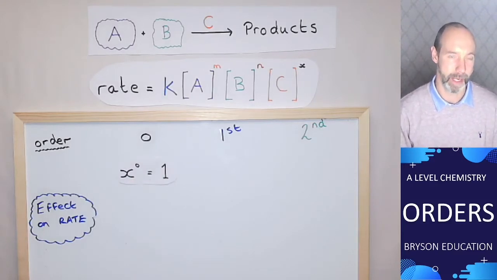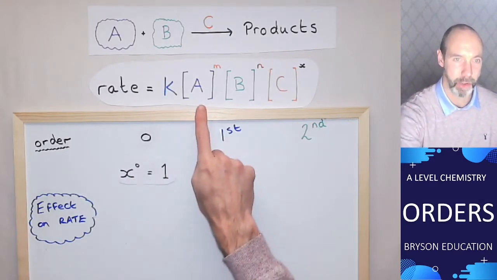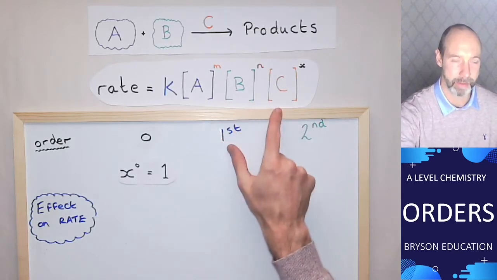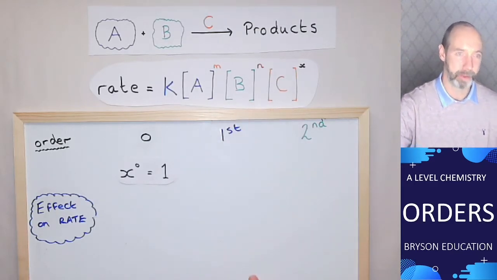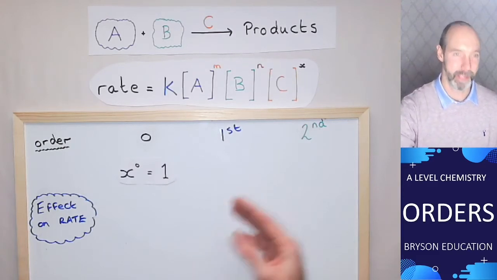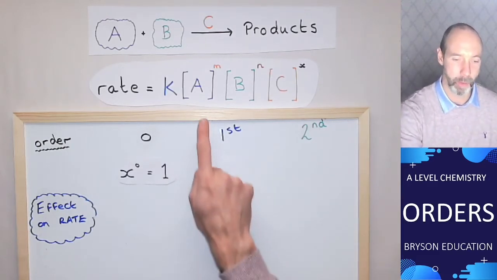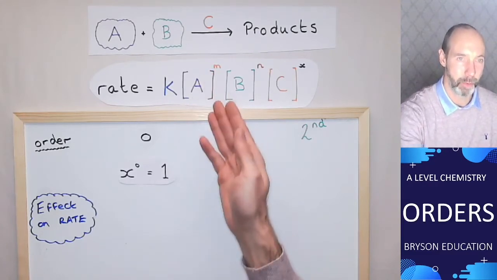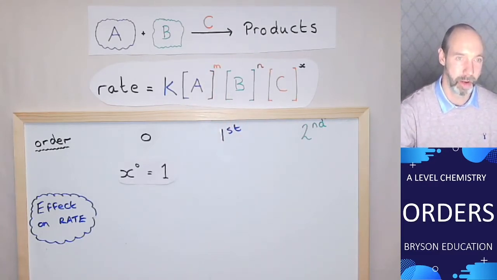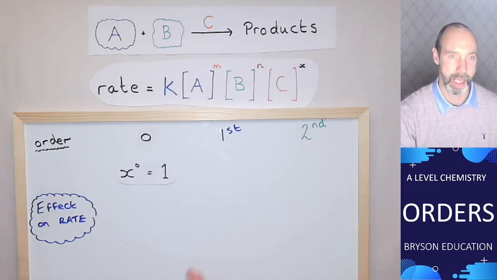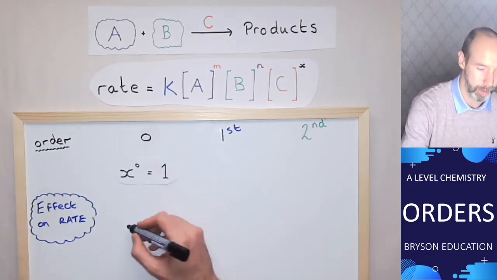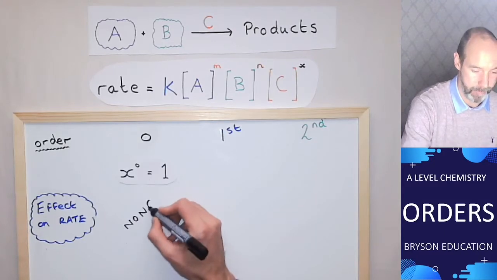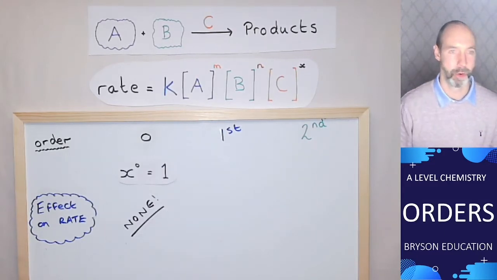Okay, so what we're saying here is, if we were to change the concentration of a reactant and nothing happens to the rate, we are saying it's zero order, because no matter what we do to the concentration, if it's to the power of 0, it's just 1, so it has no effect on the rate. So if the concentration was to change, it will have no effect on the rate. So something that's 0 order has no effect on the rate, none.